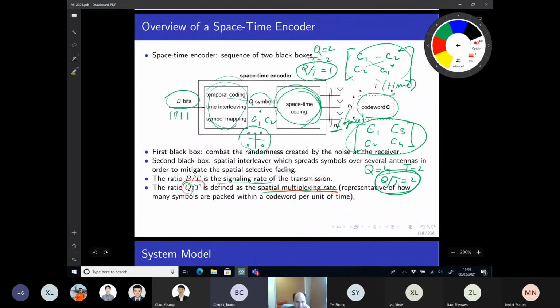If Q is equal to NT, and T is equal to 1, this ratio is equal to NT, essentially. So you try to transmit as many symbols as possible. The Alamuti schemes and other forms of space-time block codes that I will explain later do not have a spatial multiplexing rate that is as high, but will have a higher diversity gain.